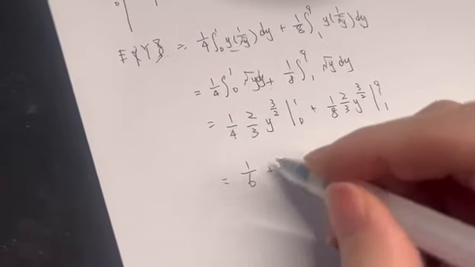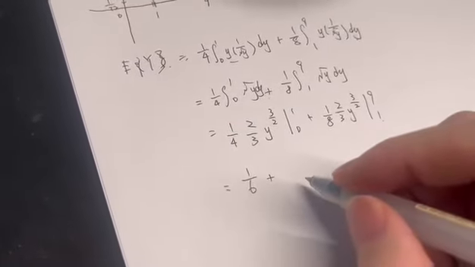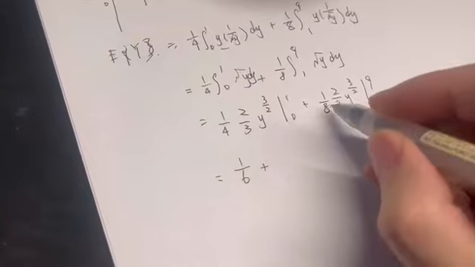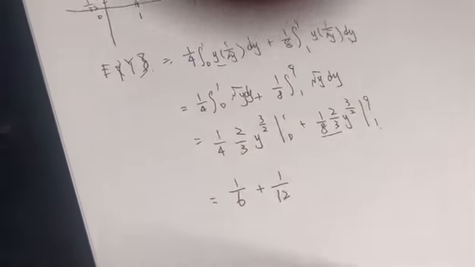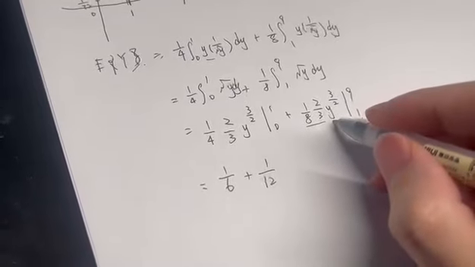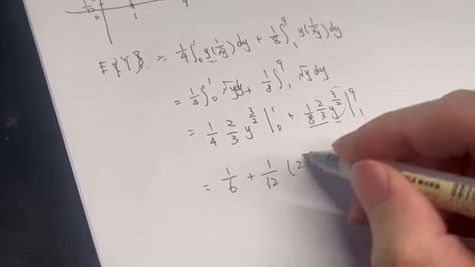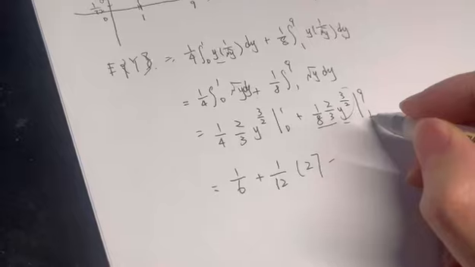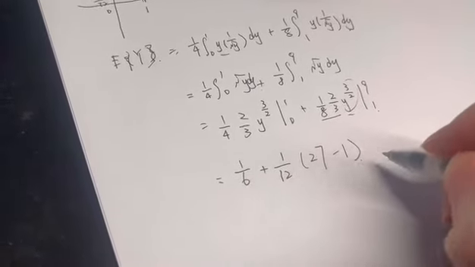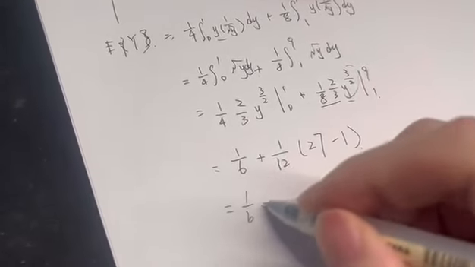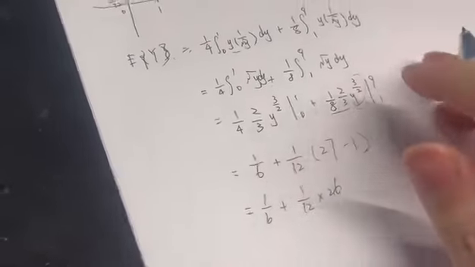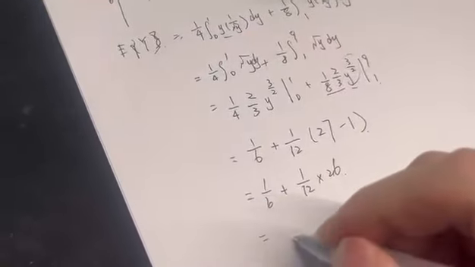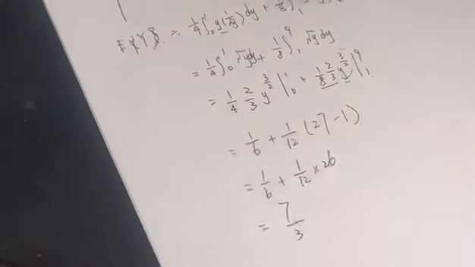So the left part is 1 divided by 6, and the right part is equal to 1 by 12, and when y equals 9, this part equals 27. When y equals 1, this part is 1. So the final value is 7 divided by 3. So that's the answer for this question.